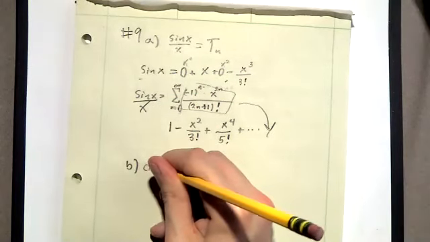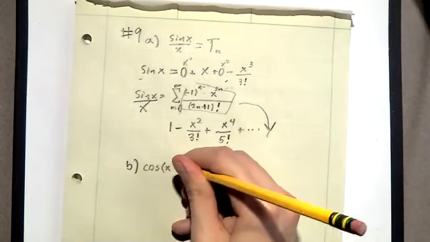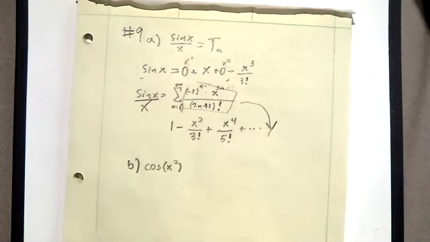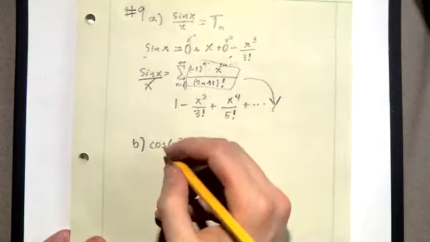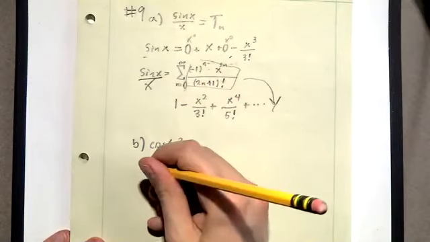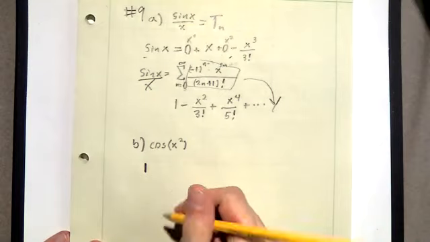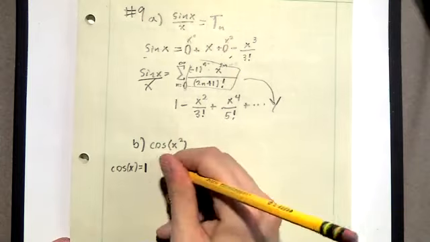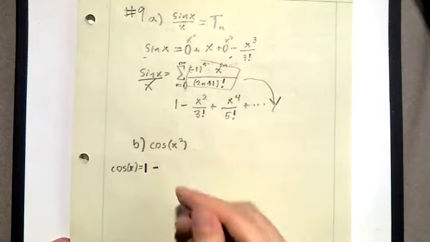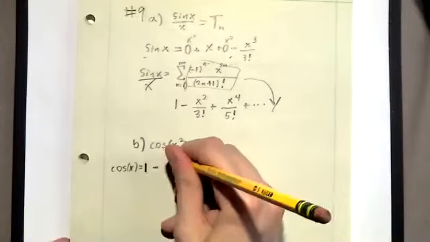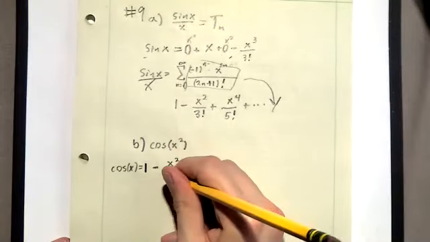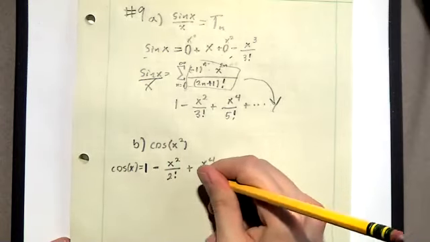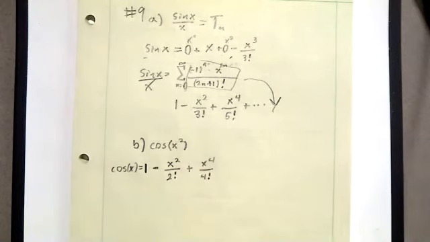So B is cosine of x squared. So we can use this format again for sine of x, just it's cosine starting. So cosine happens to be, we start at 1 because cosine of 0 is 1, so I'm going to do cosine of x is equal to 1, then plus 0 minus x squared over 2 factorial, and then plus x to the 4th over 4 factorial, so on and so forth.